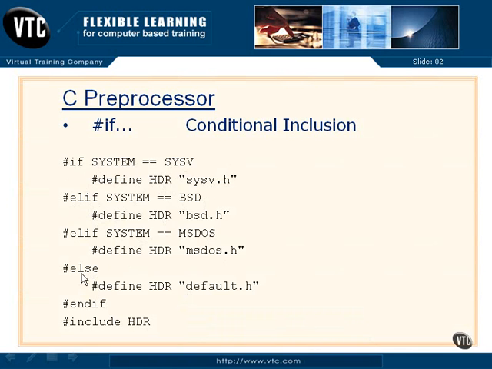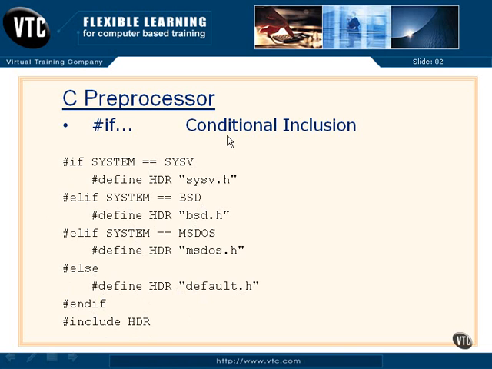Notice this works just like the if and else if that we had in the C language itself. Else we'll #define HDR as default.h. Then we have an #endif that closes this up, and we include whatever header is defined as now, which is in that case default.h, or it could have been any of these values based on what the SYSTEM value was as we came into this preprocessor set of statements here.